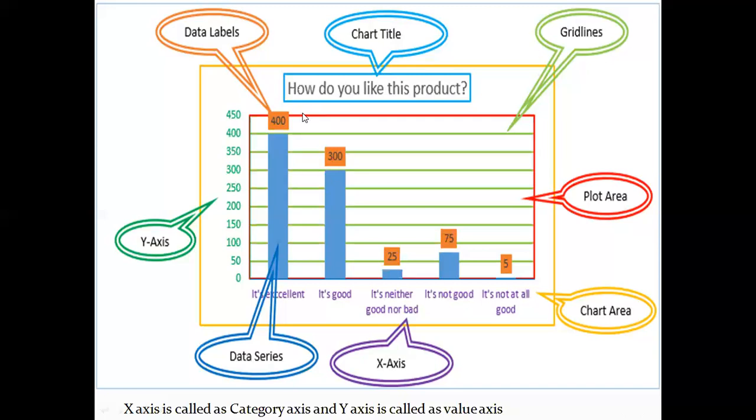And you can also add these labels, this 400, 300. These are the labels which are given to the data series. Basically all these are the sections, and you can change them. For example, the chart title or the color of the data series, everything we are going to see, how to edit or format this, in coming sections. But these are important sections which you have to remember. Clear?